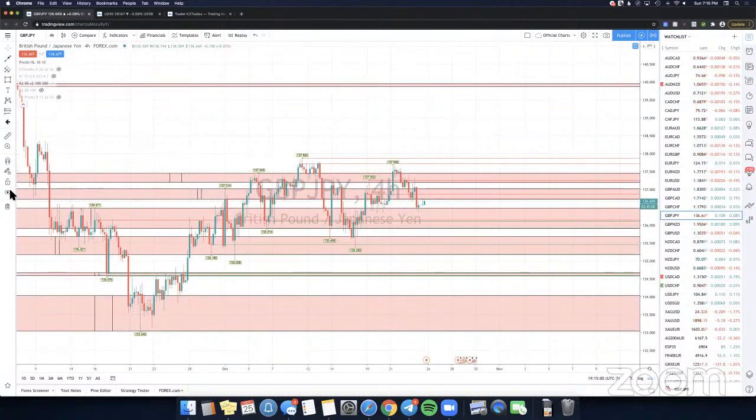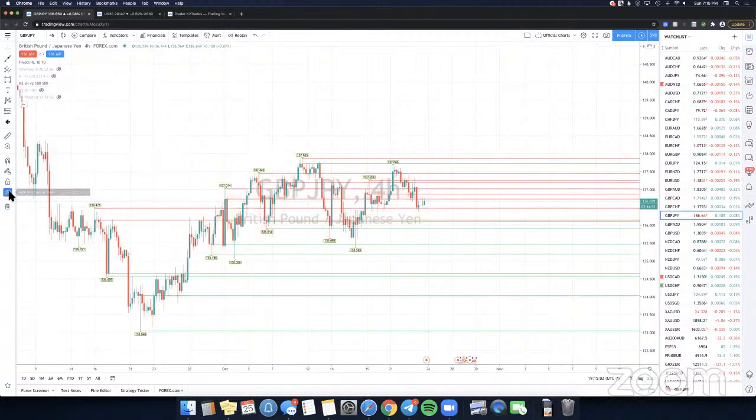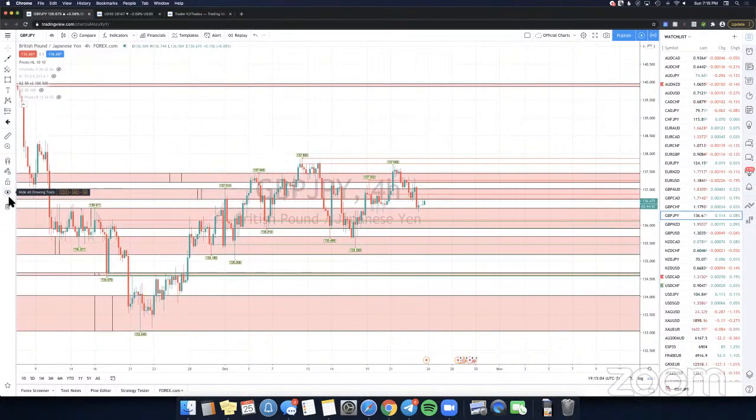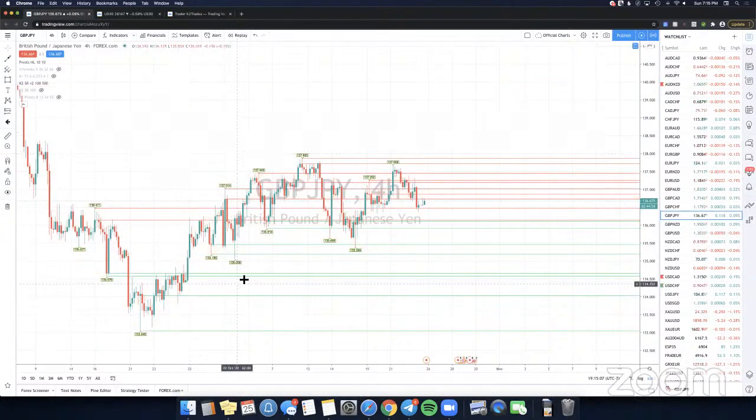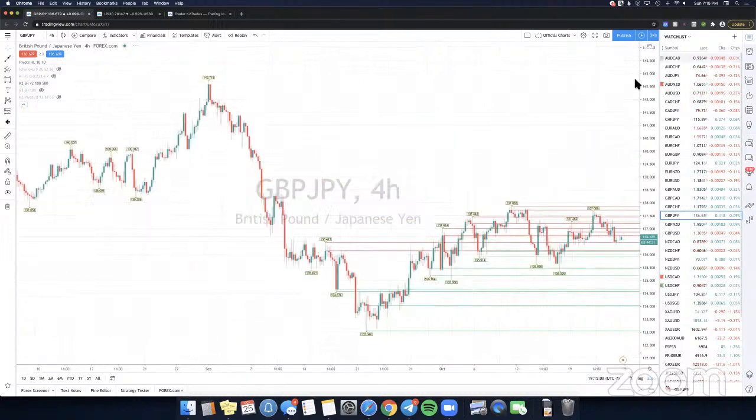Draw an indicator, hide this. Looks like there's new zones. So I'm just going to delete everything, start from scratch. Zoom out from here.